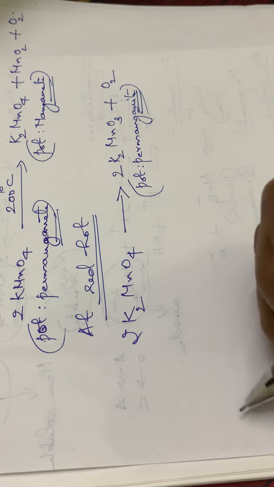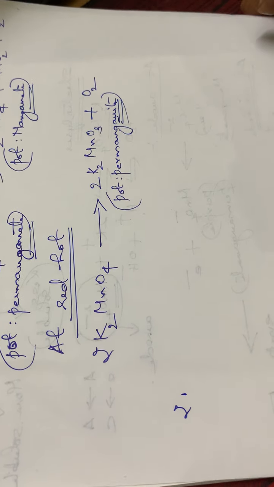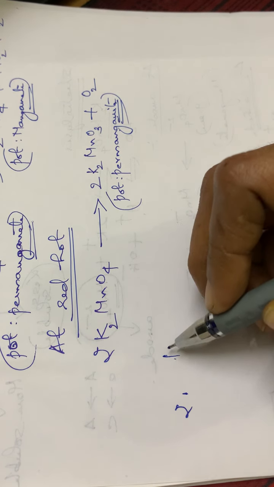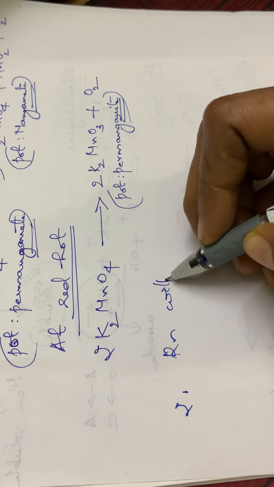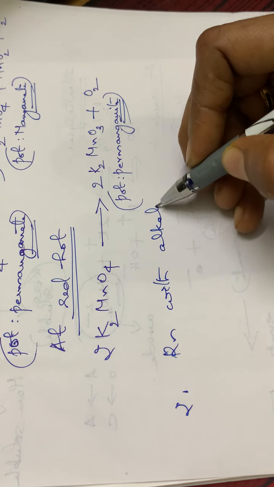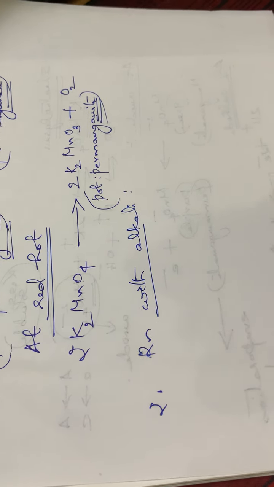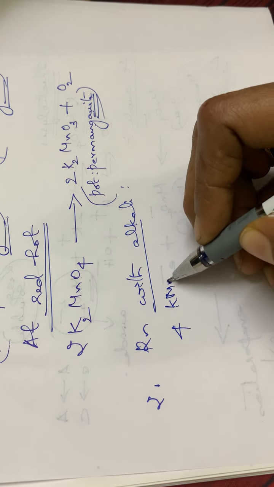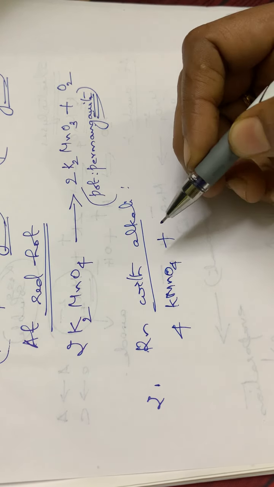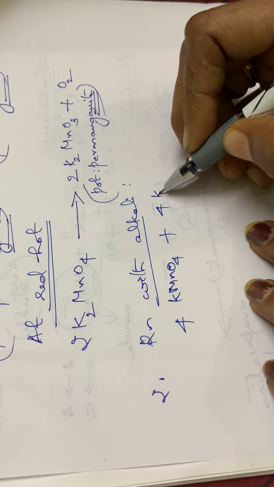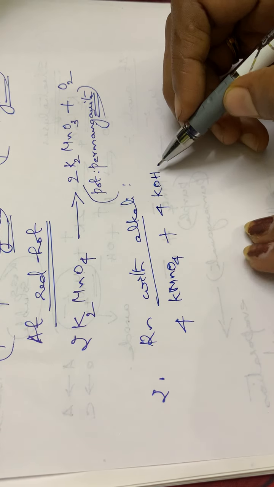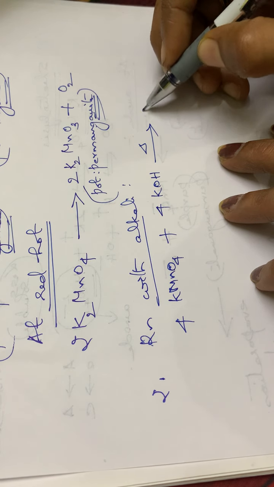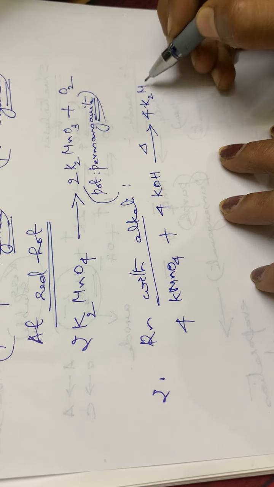Okay. Then the next reaction, the second reaction, with alkali. See here, 4 molecules of KMnO4. Alkali means a strong alkali we are using here. That means in the presence of 4 KOH, potassium hydroxide, on heating we will be having 4 K2MnO4.